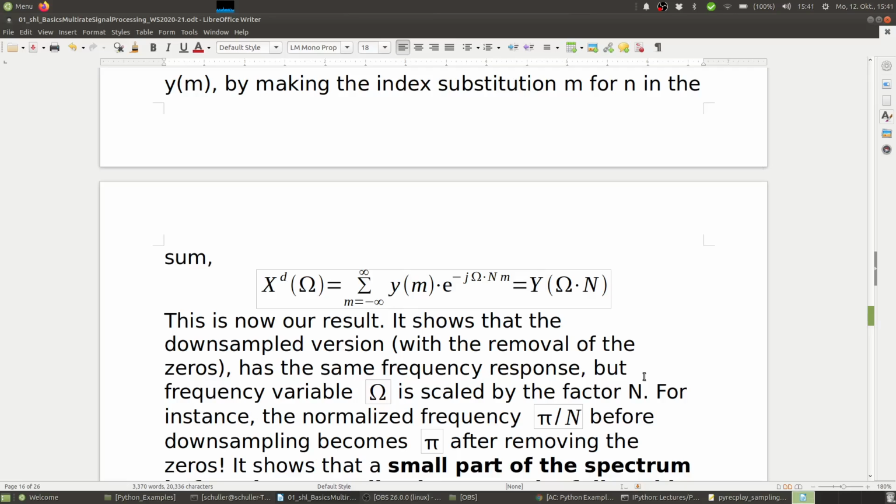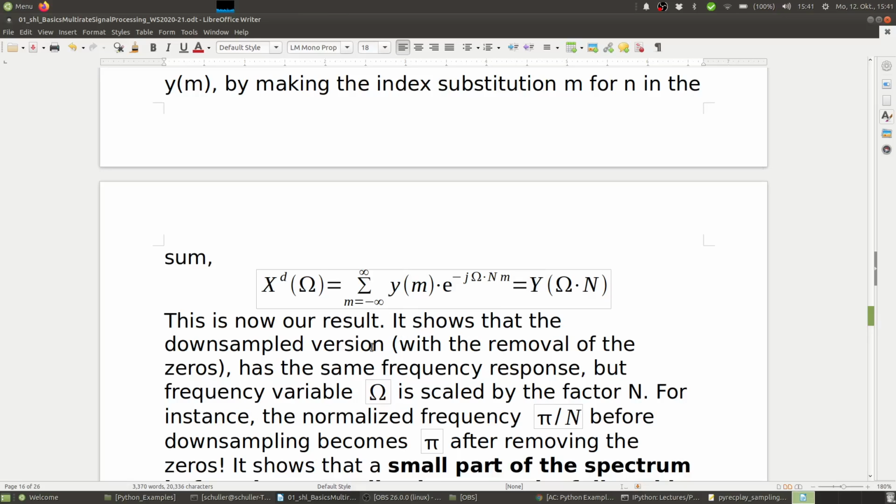Basically, when we downsample, we multiply the frequency axis accordingly. That means we go over the frequency range more quickly. So we reach 2 pi much more quickly. What was before pi over N now becomes pi, right?